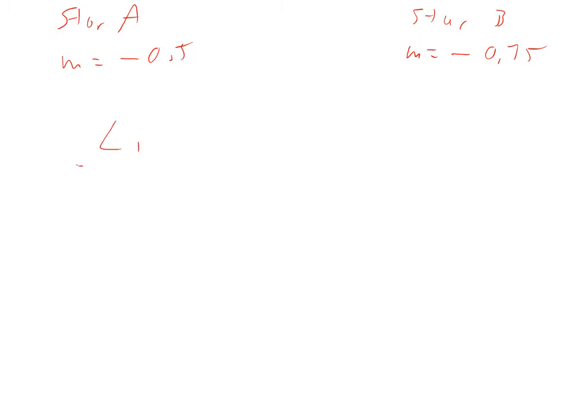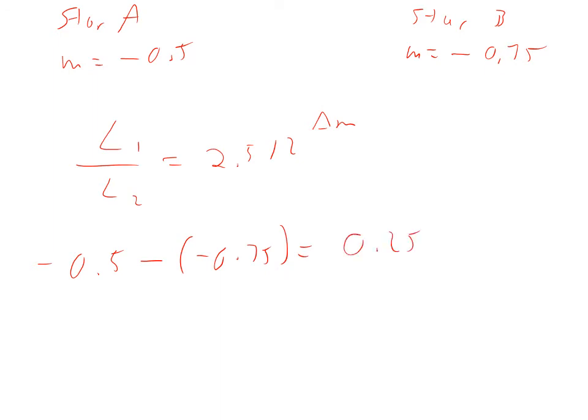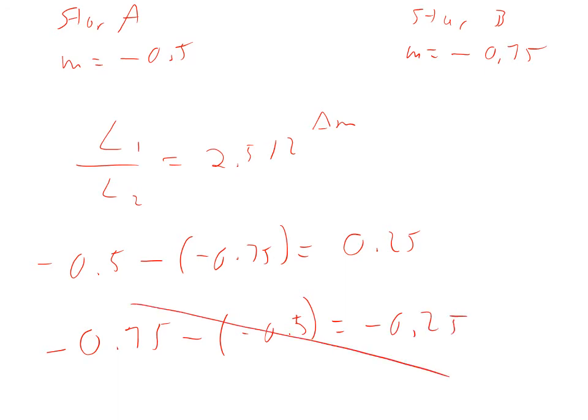So the ratio of brightness is L1 to L2 or B1, B2, either way. It's going to be 2.512 raised to the difference in magnitudes. So I need to find the difference in those two numbers. I subtract. I can do negative 0.5 minus a negative 0.75, and the answer is 0.25. Now, I could have done negative 0.75 minus a negative 0.5, but the answer would be minus 0.25. That's wrong.